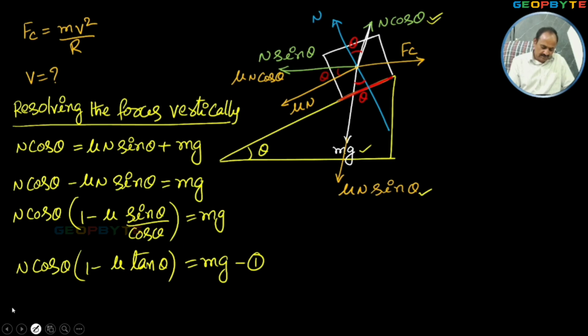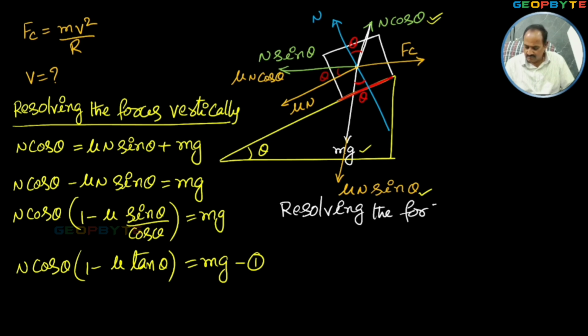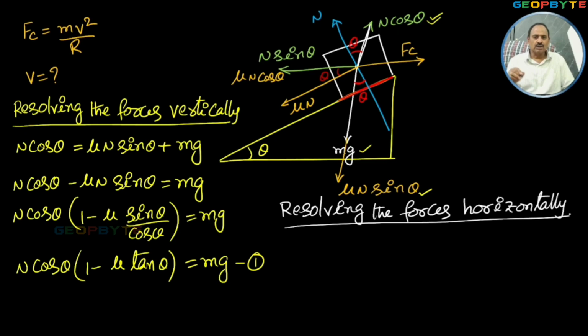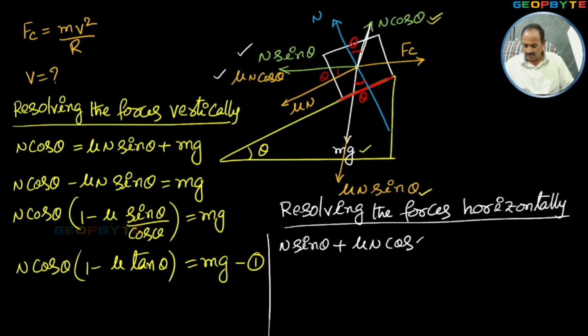Okay. Similarly, resolving the forces horizontally. I am going to equate the horizontally leftward forces with the horizontally right side force. Horizontally left side forces are N sin theta plus mu N cos theta, which must be equal to Fc, that is mv square by r.